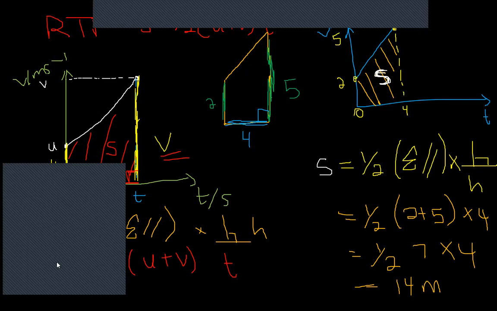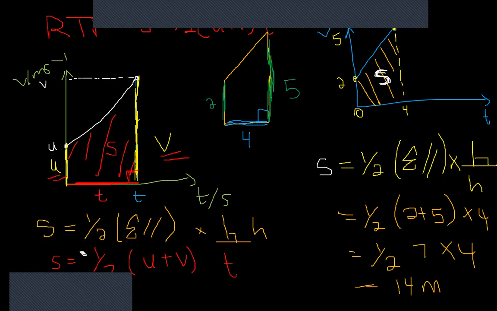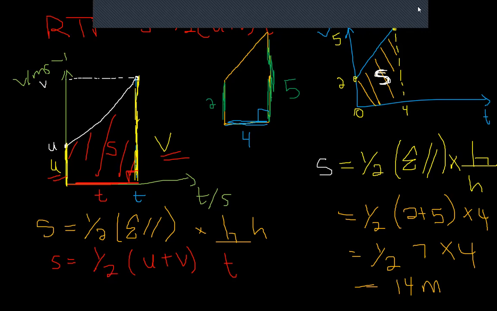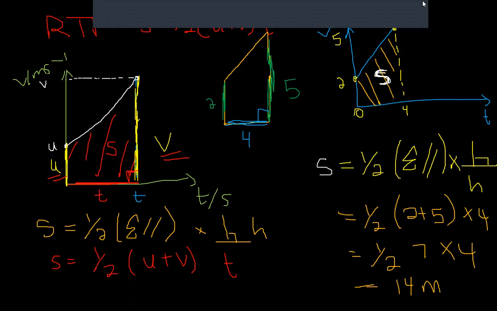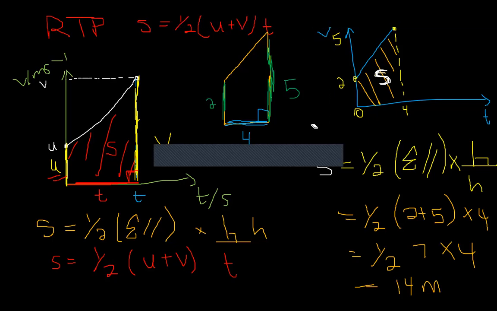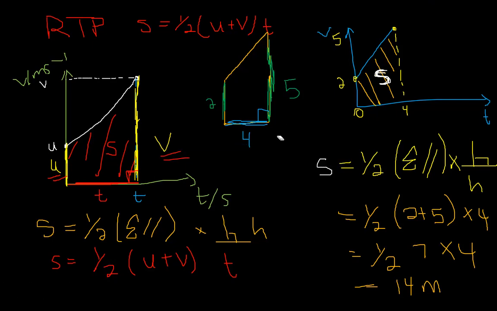Can the perpendicular height be the 5? Okay. Before I answer that, do you understand this? Why the perpendicular height cannot be the 5? I'm not going to clear this because somebody might be writing it down.